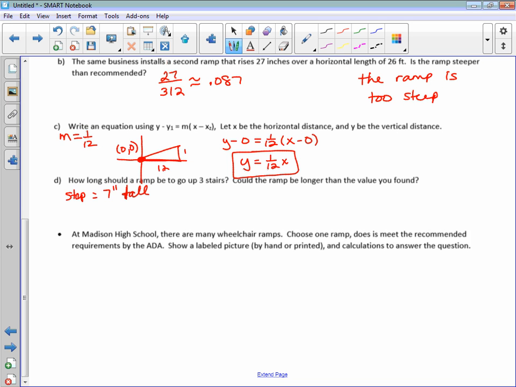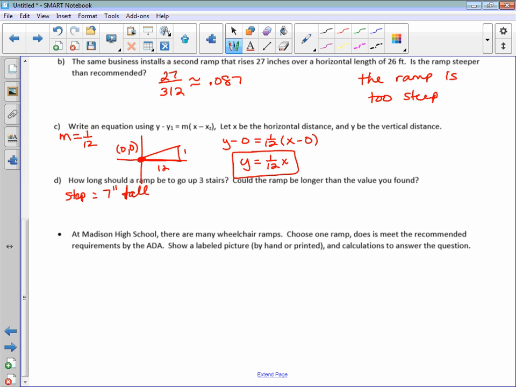That's if one step is 1 inch. How tall is your step? Struggling a little on this one?